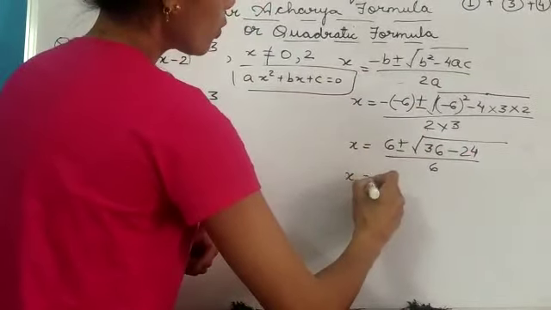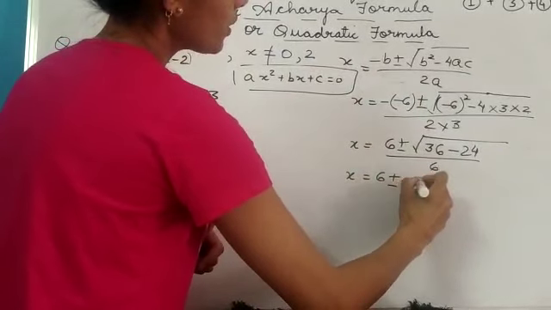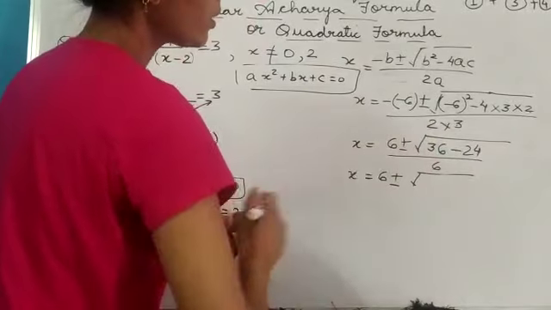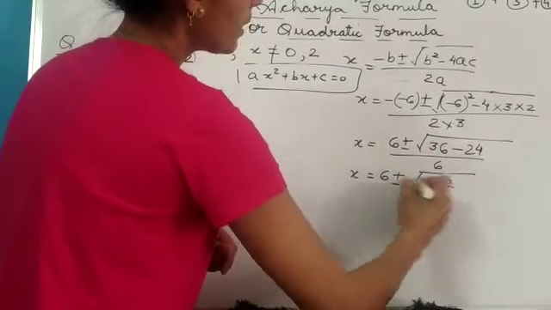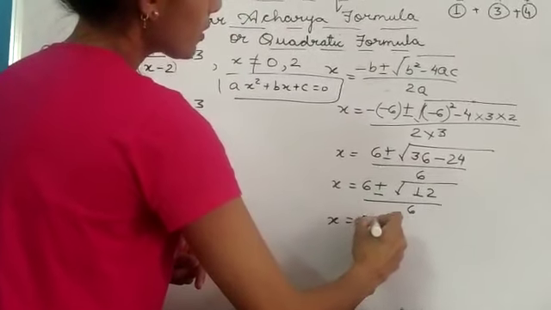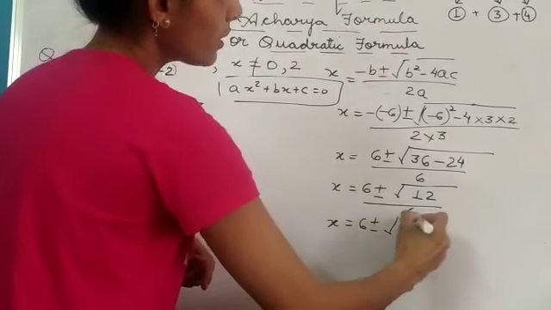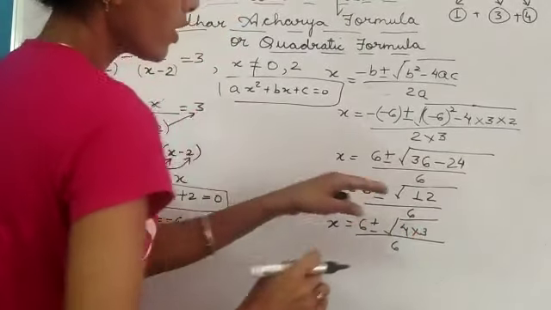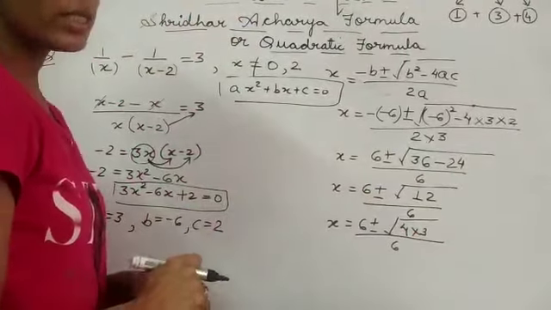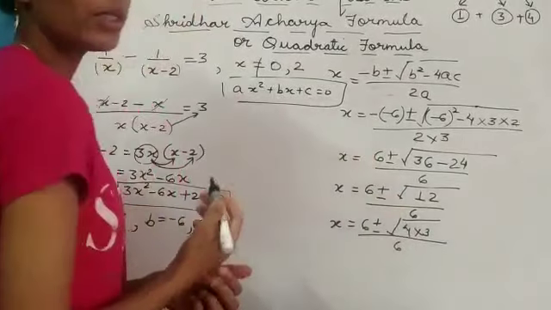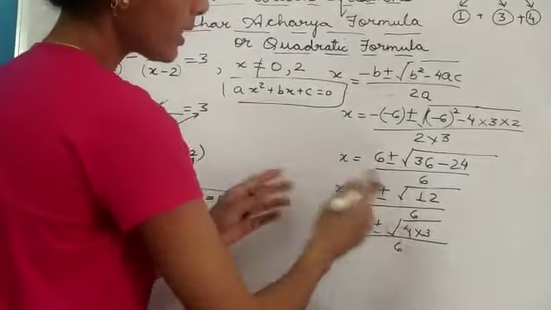Now on solving it further, it is 6 plus minus root, subtract 36 minus 24, so I will get 12 by 6. Now this 12 can be written as 4 into 3 by 6. 12 can also be written as 6 into 2, but I am trying to take a perfect square term, so that I can take it out.